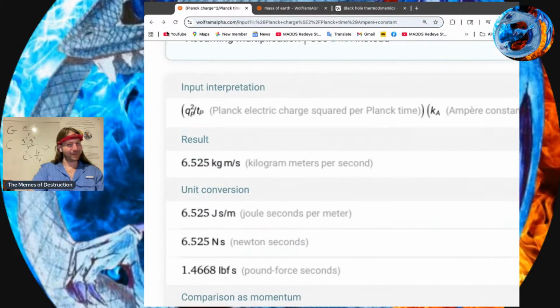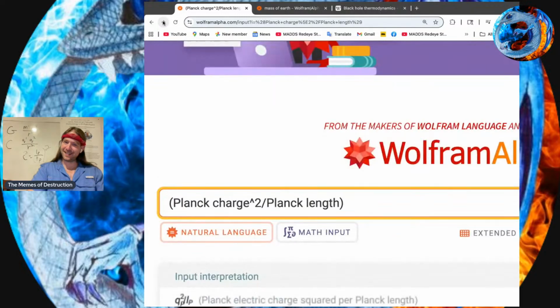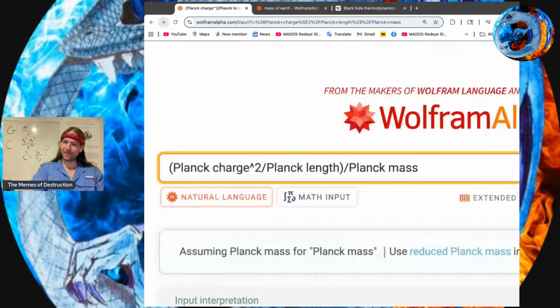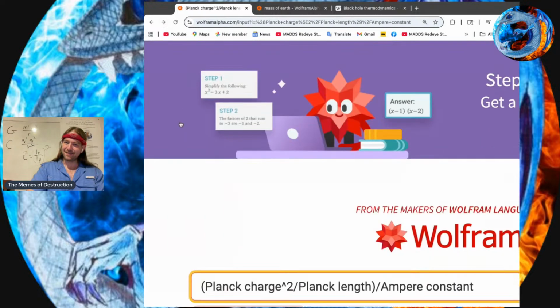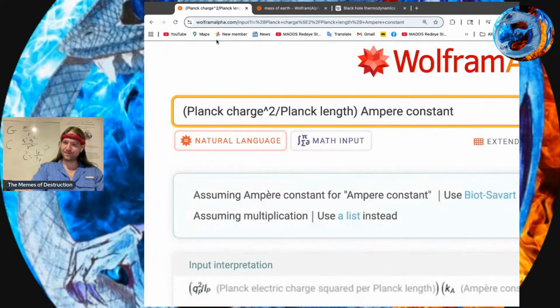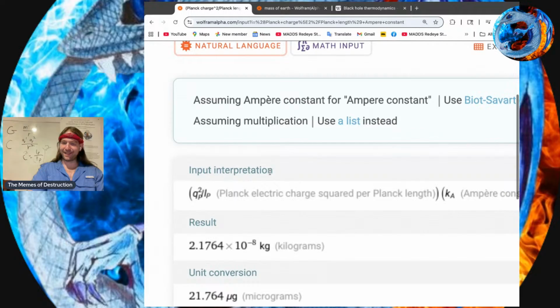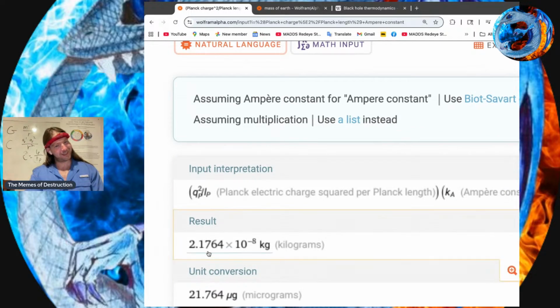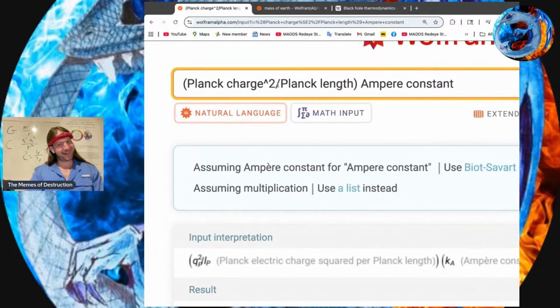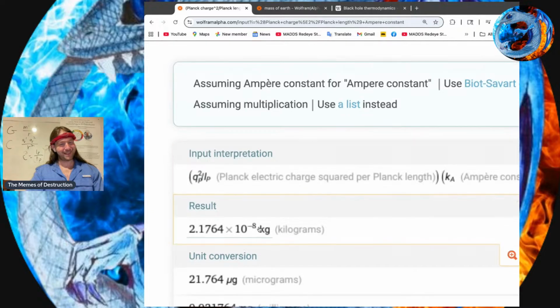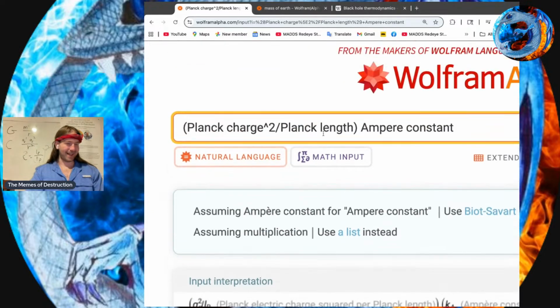All right, so we get momentum there. We get charge squared divided by length, and we do that Ampere constant. So we go from momentum to mass. All we've literally done here is go from length, time to length. We got momentum, we got mass. That of course leads to the next question, which is what happens if we put mass there?